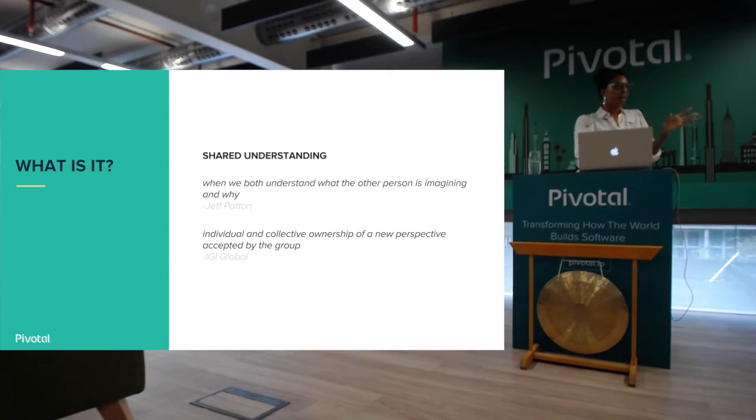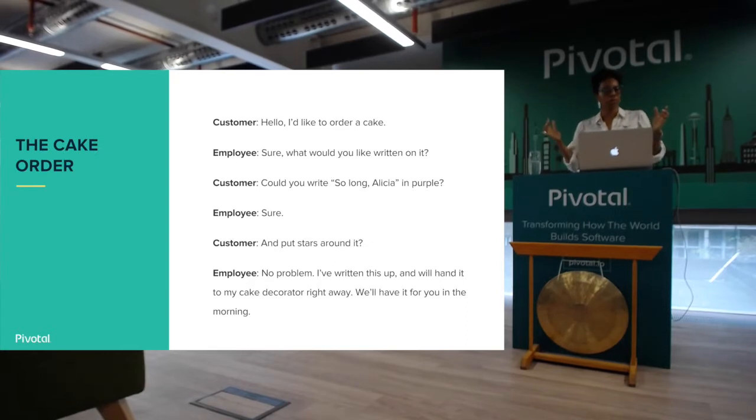So I actually have an example, I believe it's in Jeff's book, called the cake order. Customer: Hello, I'd like to order a cake. Employee: Sure, what would you like written on it? Customer: Could you write so long Alicia in purple? Employee: Sure. Customer: And put stars around it. Employee: No problem, I've written this up and we'll hand it to my cake decorator right away. We'll have it for you in the morning.